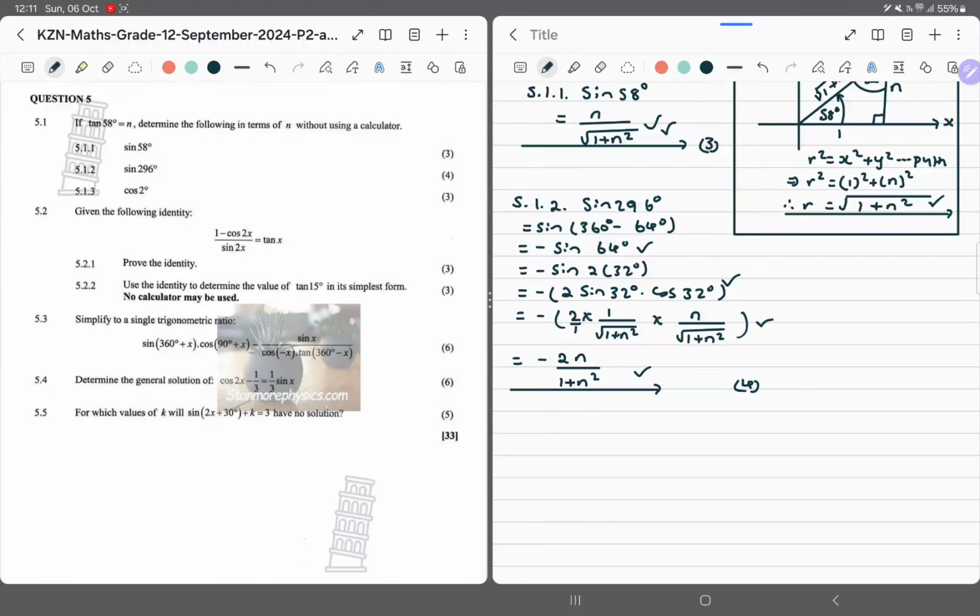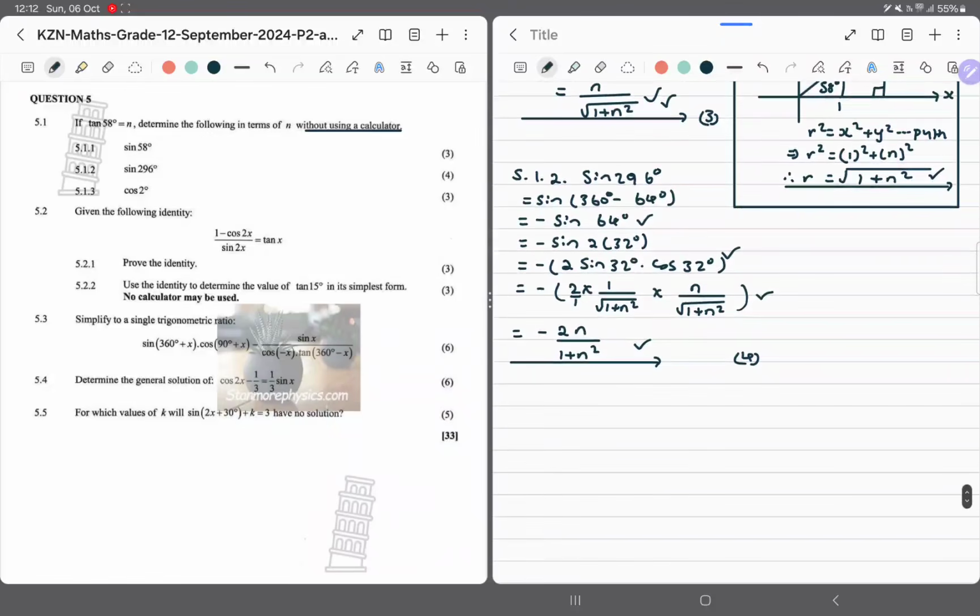So this is how we get these marks, but we need to show that this 64 came from 360 minus 296. If this is not there, you will not get this mark, because remember, we were told not to use a calculator, so you must not show up with this and we don't know where it's coming from. Don't cheat yourself of easy marks.